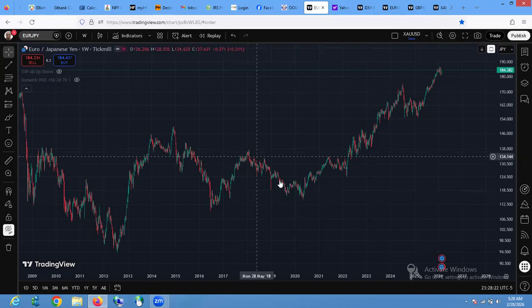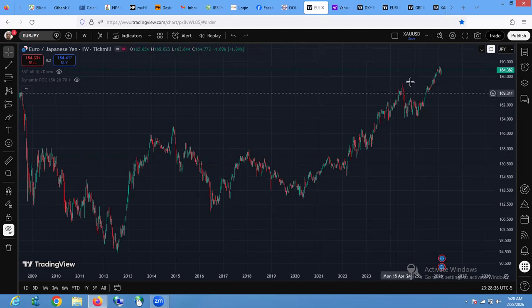If this is wave 1 and wave 2 of the C wave, then this is wave 3. Now, are we done with wave 3 of the C wave? Because it's only when we are done with wave 3 of the C wave that we can begin to entertain wave 4 of the C wave and the final push to the upside.